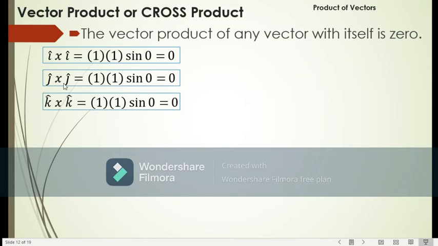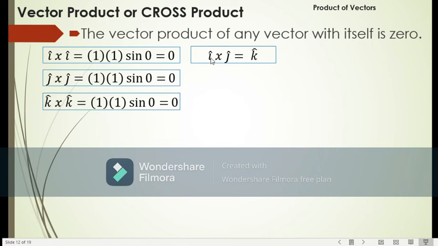So remember, if you are multiplying a vector to itself using a cross product, the answer will always be 0. But if we multiply a vector with another vector in a different direction, we will have an answer that is not 0.